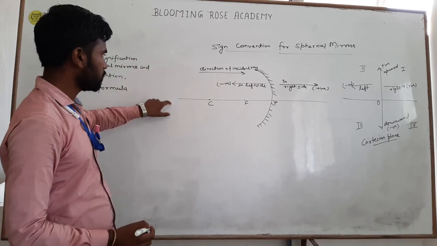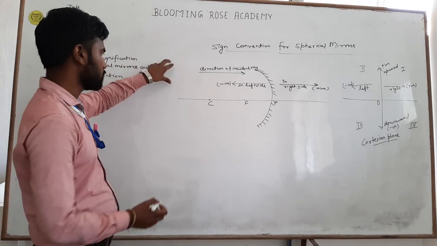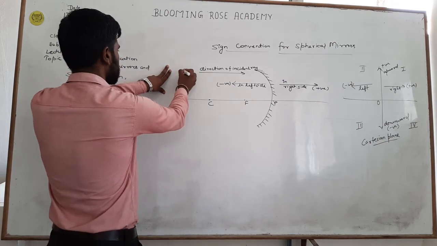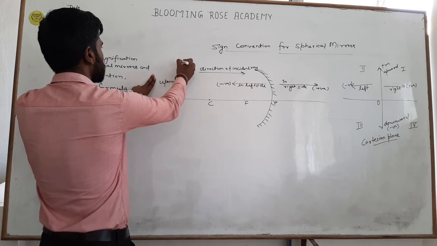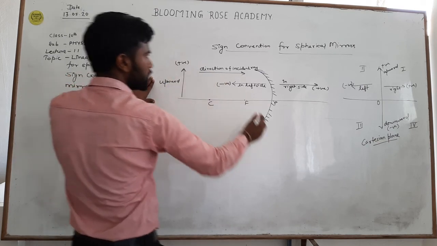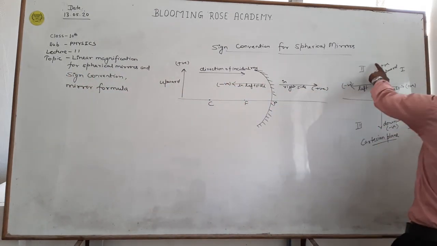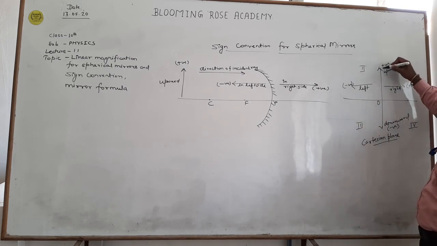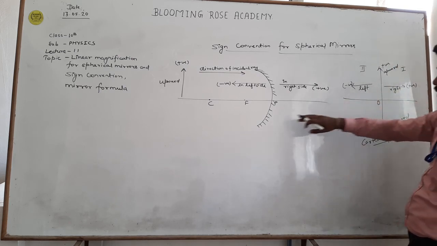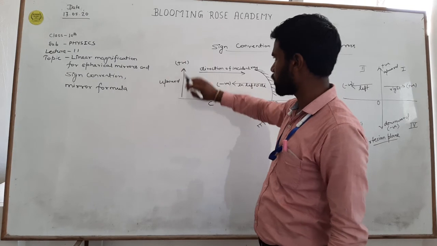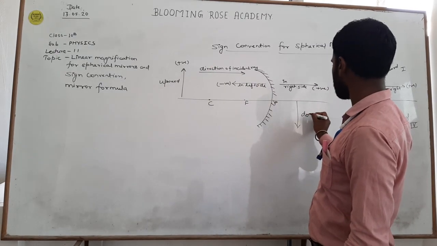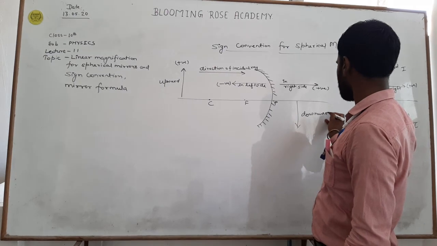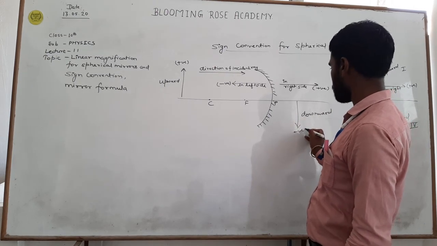Also on the principal axis, when we go upward we take the sign positive, as we have taken the positive y-axis upward, and when we go downward we take the sign as negative.